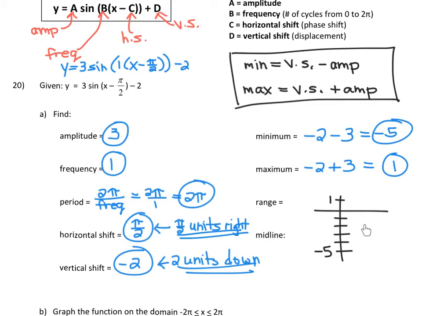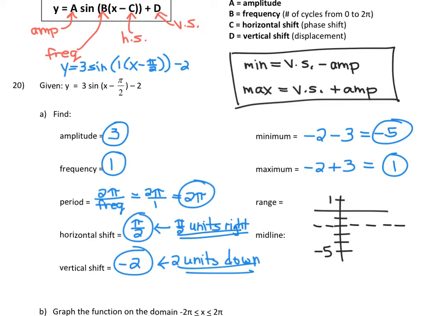This at -2 is the middle of the graph. So the graph is going to fluctuate between 3 units up from there, 3 units down from there, 3 units up from there, 3 units down from there. So the amplitude is the height from the middle line, from the midline.